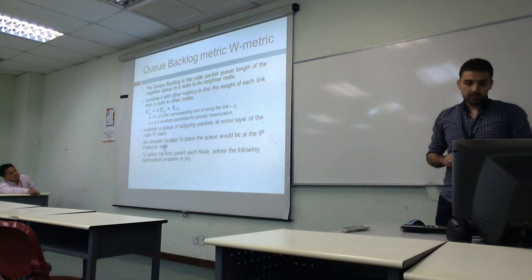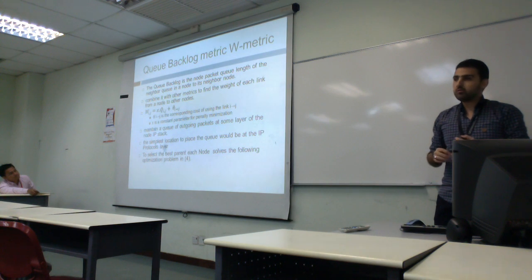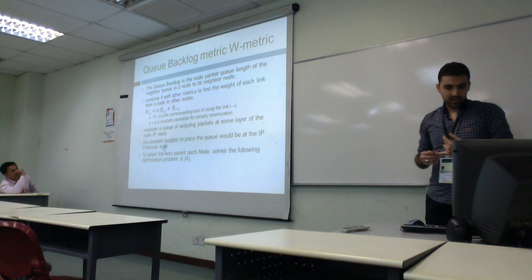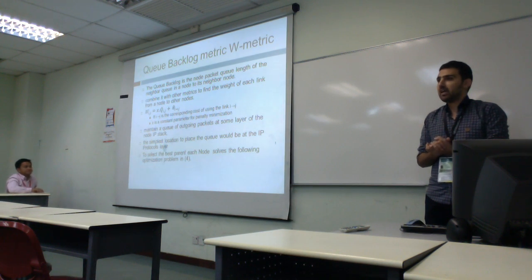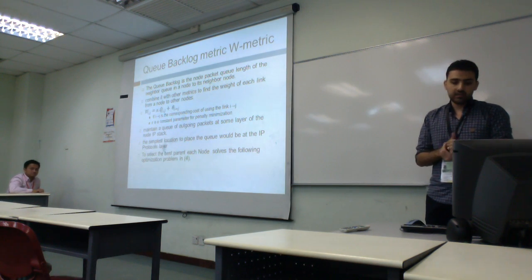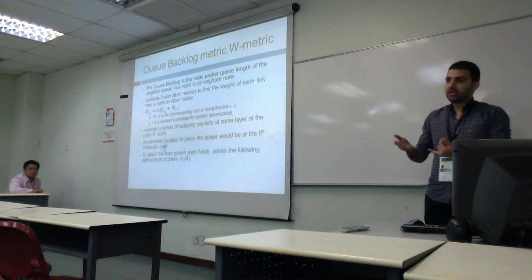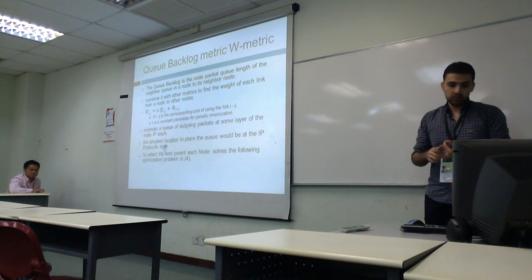As I have said, we have to maintain a queue of outgoing packets at some layer of the node's IP stack, so we decided to use the queues already implemented in the link layer to find the queue backlogs.